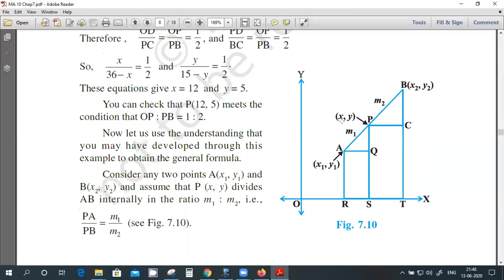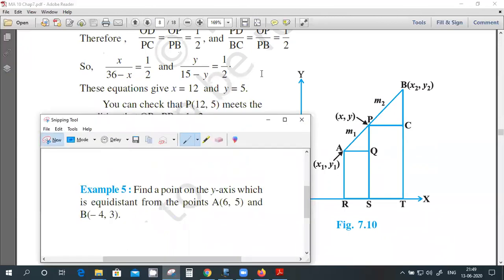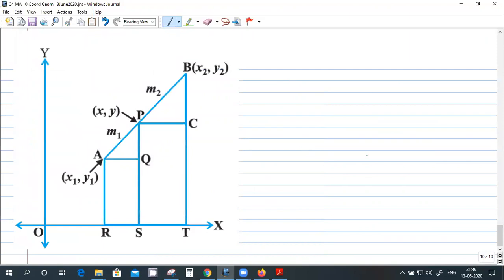So you have to find the coordinates of the point (x, y). You have to find what is x and what is y.